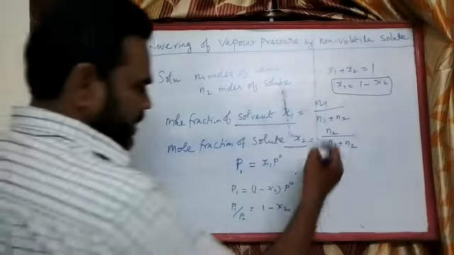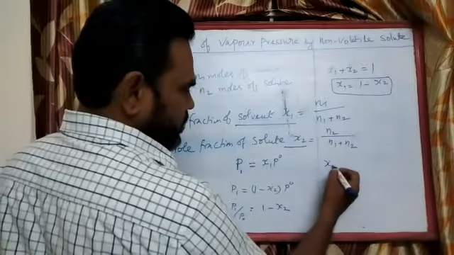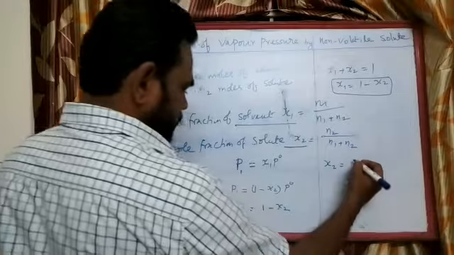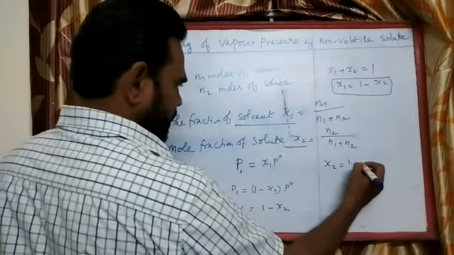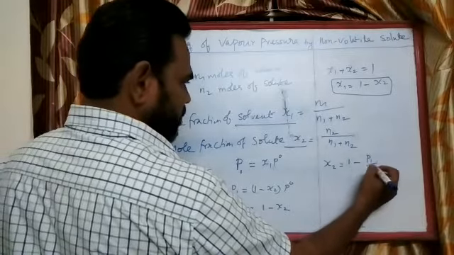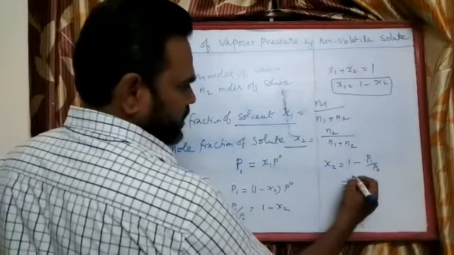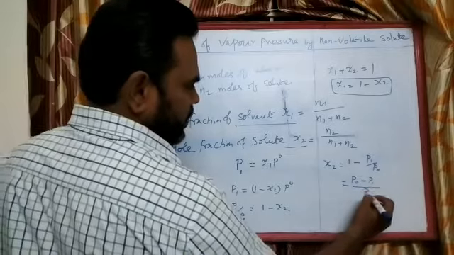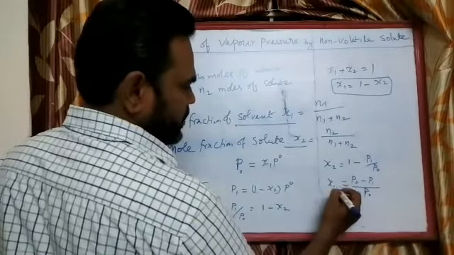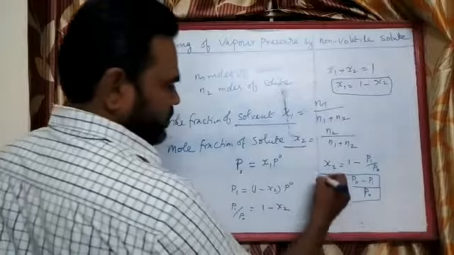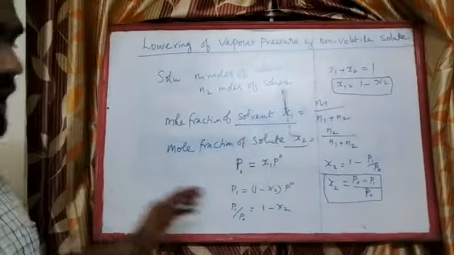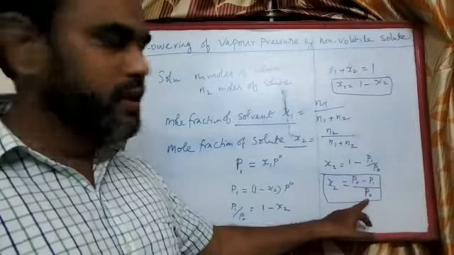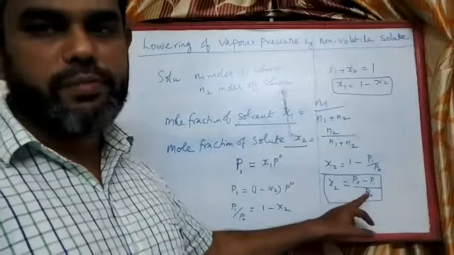Let me write this in another way. x2 is equal to 1 minus P1 by P0, which can be written as P0 minus P1 divided by P0. This is x2. P0 minus P1 by P0 is nothing but the relative lowering of vapor pressure.